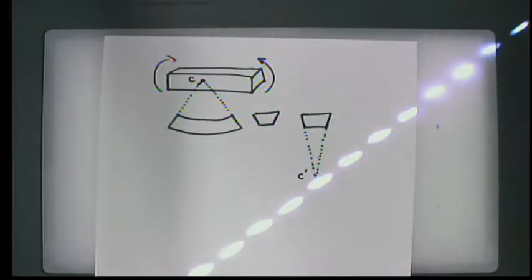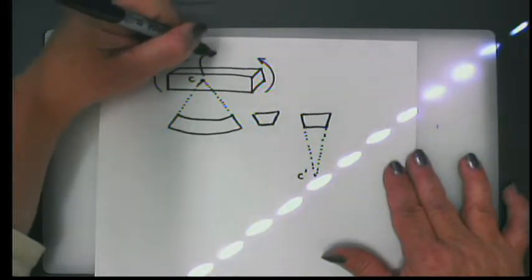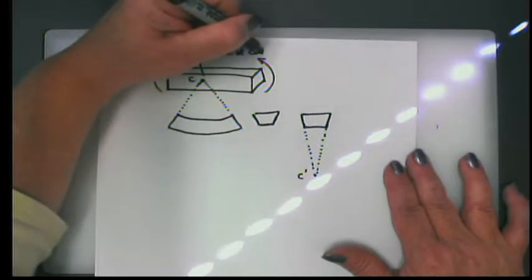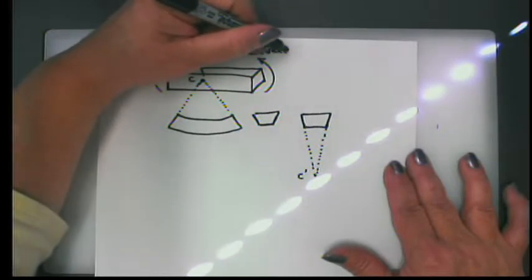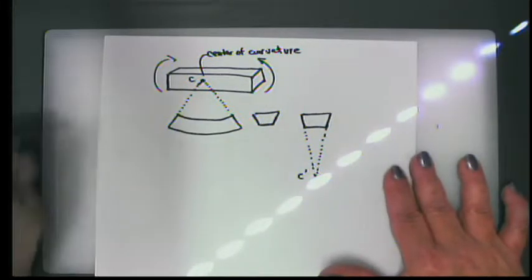So this is just referred to as the center of curvature. And of course, you may be thinking, in real life, this is like an impossible location to identify. And it is.